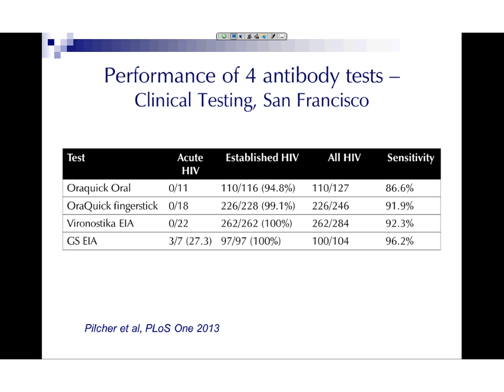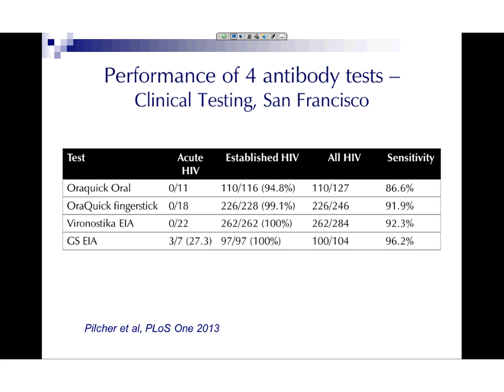There is a comparison in the third line of the Diagnostic EIA, which was 100% sensitive for established HIV, but only 92% sensitive when you take into account the people with acute HIV infection. And then the third generation Genetic Systems EIA picked up about 3 of what were called acute HIV infections that were not detected by the Diagnostic EIA, and 100% of the people with established HIV infection. But again, taking into account acute HIV infection, the third generation EIA was only 96% sensitive.